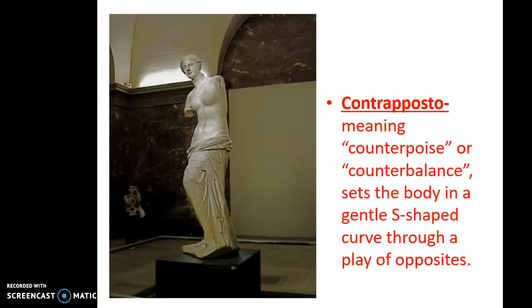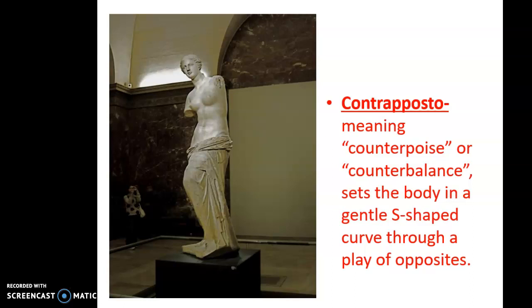Now in sculpture, especially in human figures, sometimes things we see are repeated over and over again. And this particular sculpture of Venus de Milo, it's great. I don't know that we would know Venus de Milo if she had arms, so this is really a famous sculpture. But the way in which she is standing there with that curved body is what we call contrapposto.